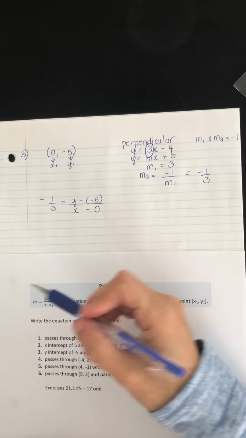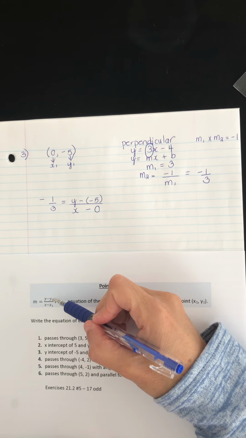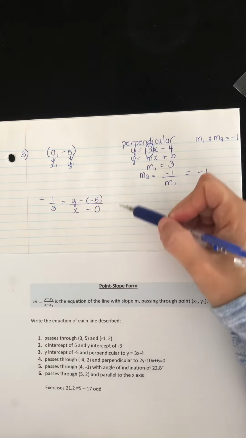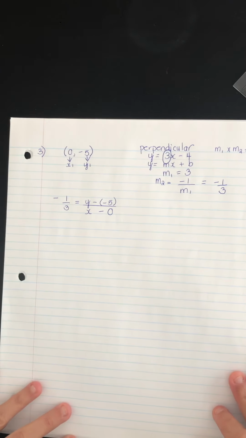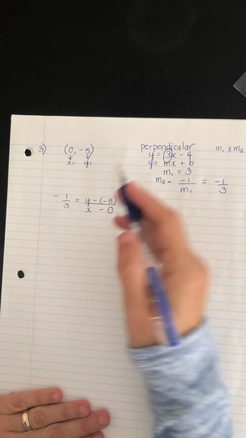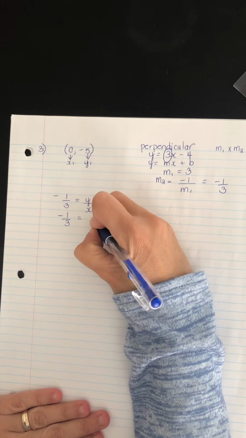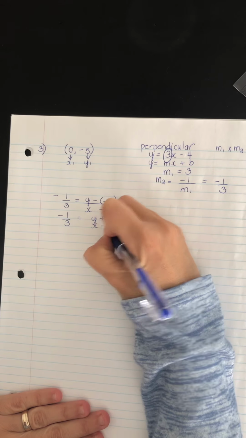So again, -1/3 here, y1 is -5, x1 is 0. So we set it up just like this. And now it's time to cross multiply. I think I will first change this to y plus 5 over x minus 0.